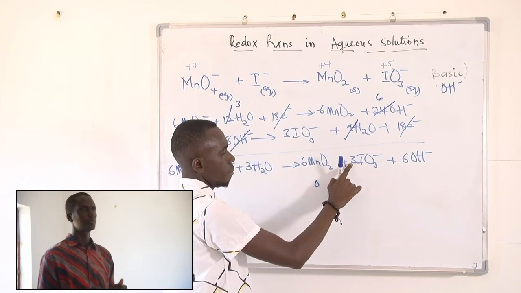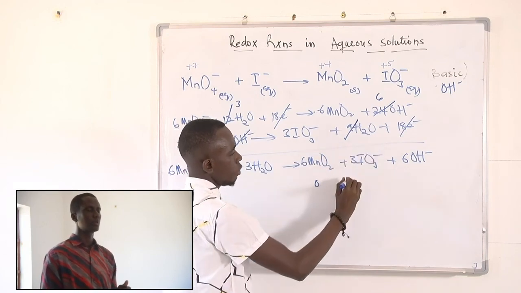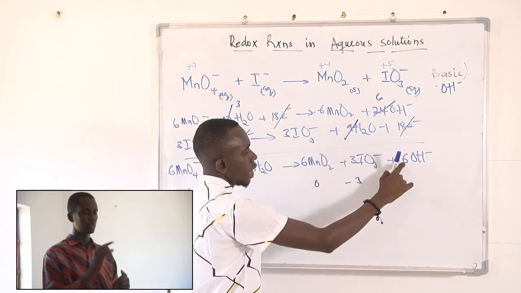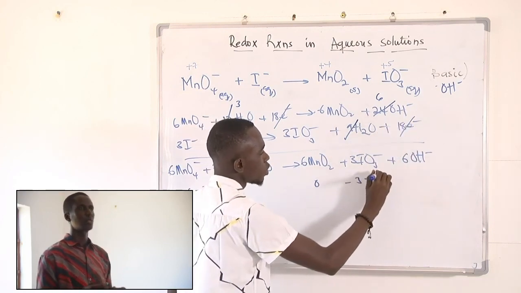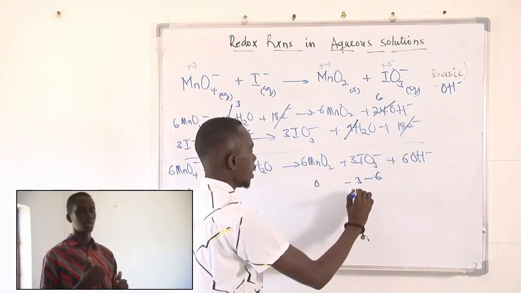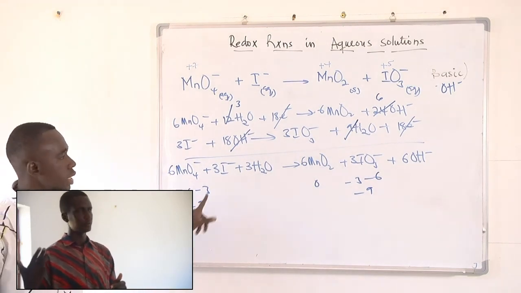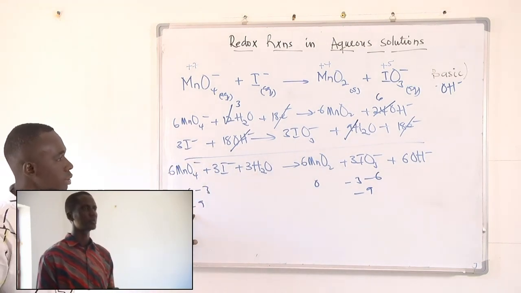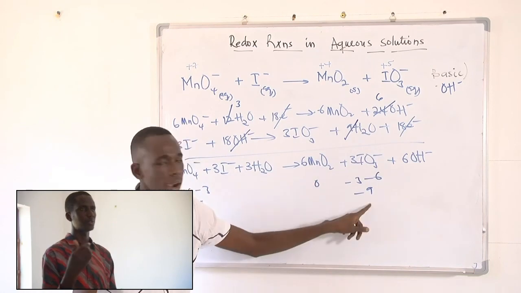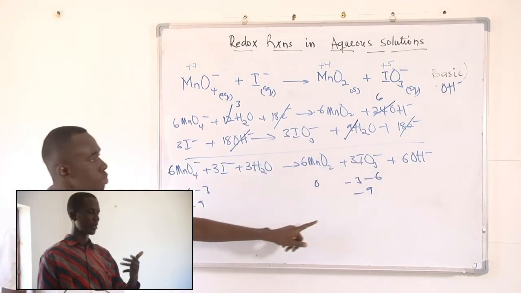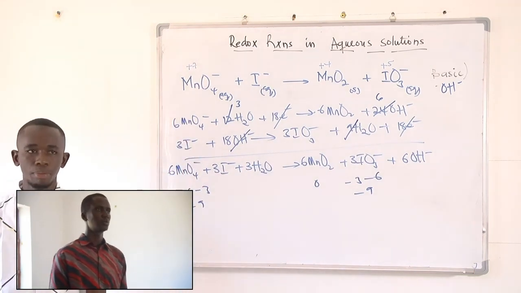We have 3 times minus 1, which is going to be minus 3. And then we have 6 times minus 1, which is going to be minus 6. And at the end, we have minus 9. Now you see this reaction, the reactant side, we have minus 9. And the product side, we have minus 9, which means this equation is balanced.